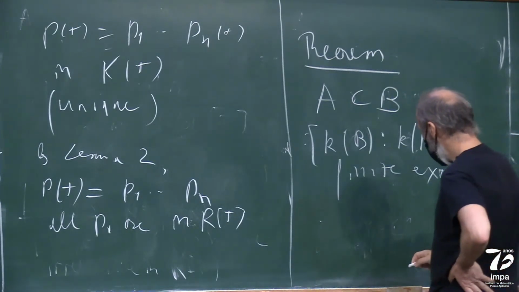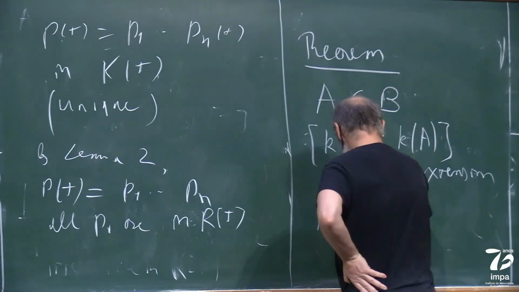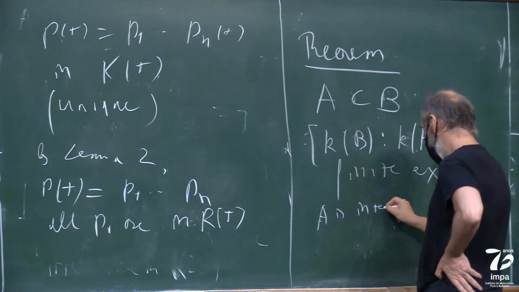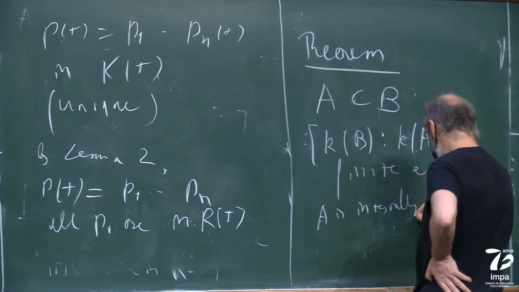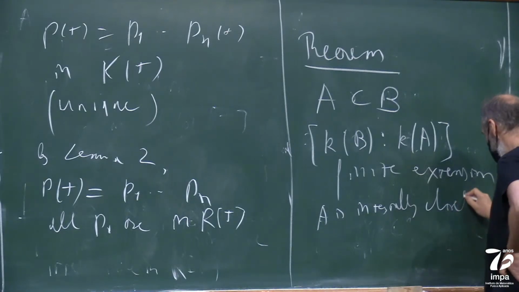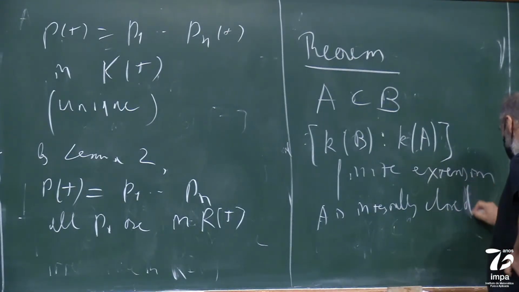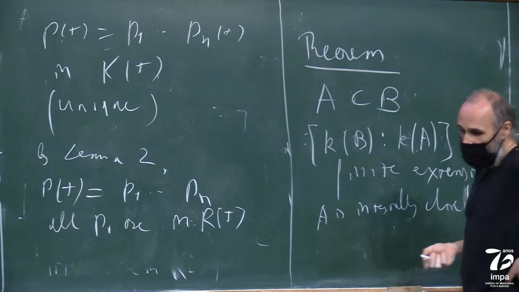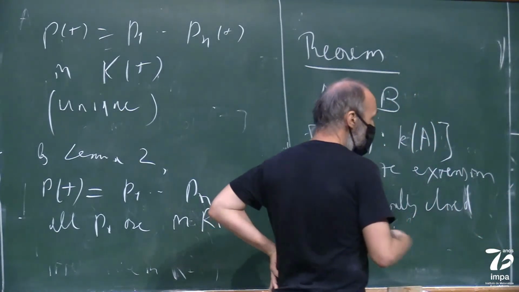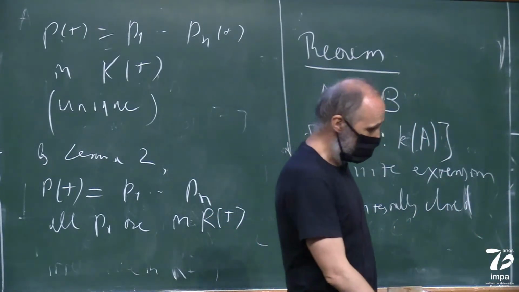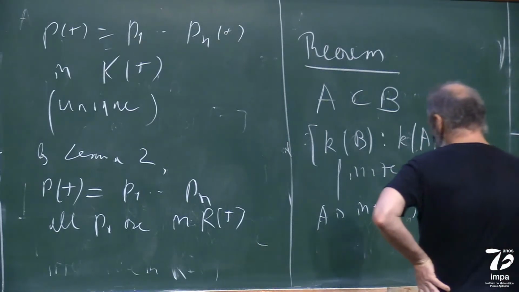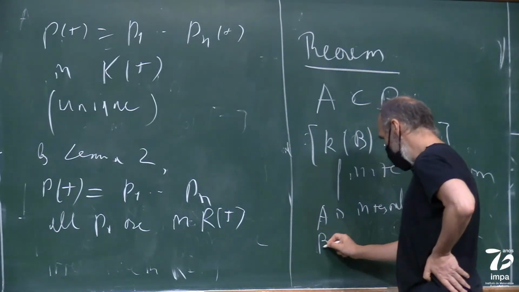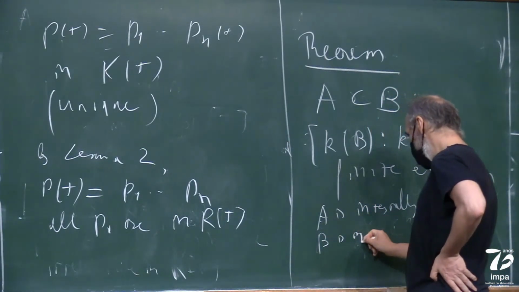And then we assume that A is integrally closed. If B is not integrally closed, just replace B with its integral closure. So let's assume B is the integral closure.